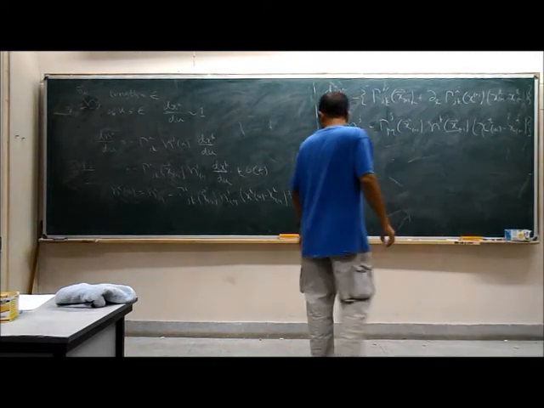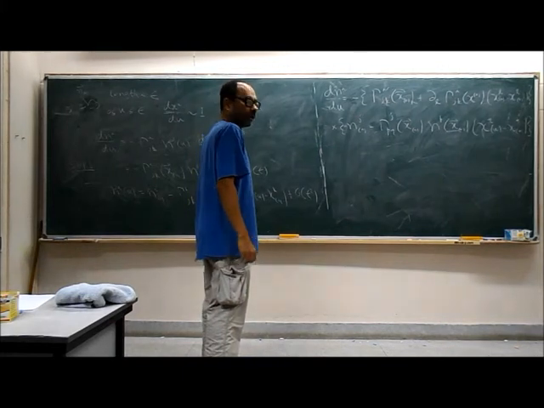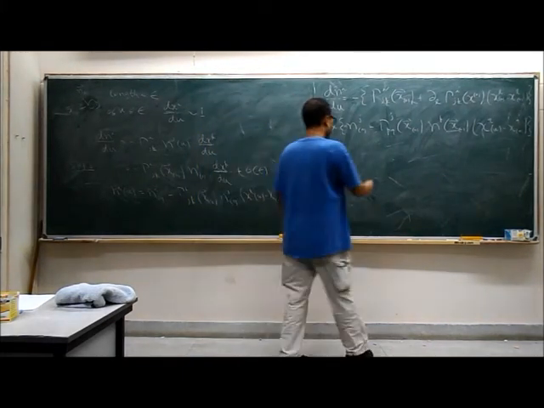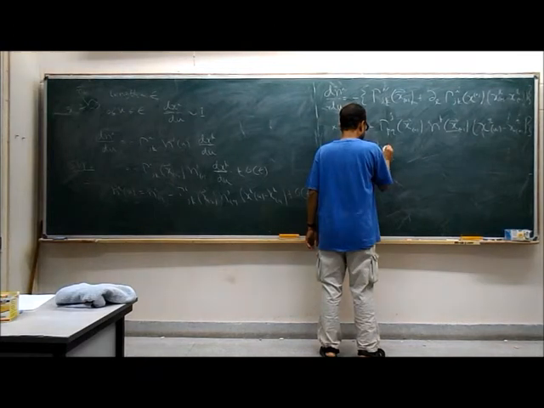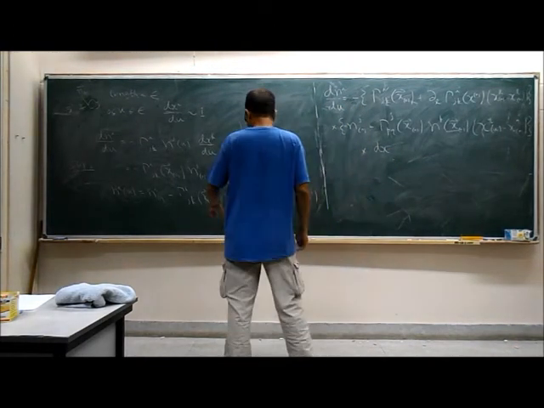This xq minus xq naught is my order epsilon term. That's the order epsilon term, times dxl times dxk du.